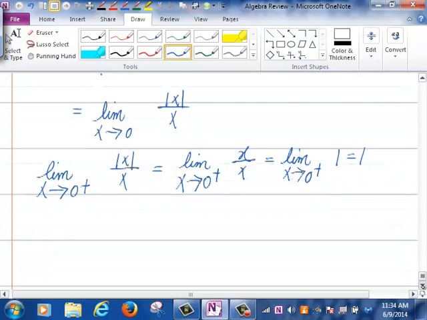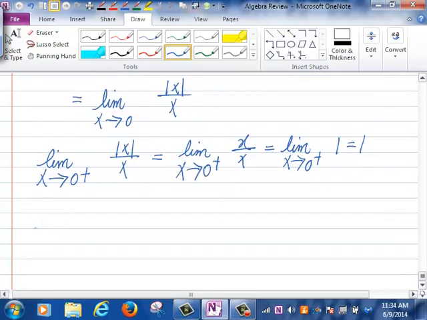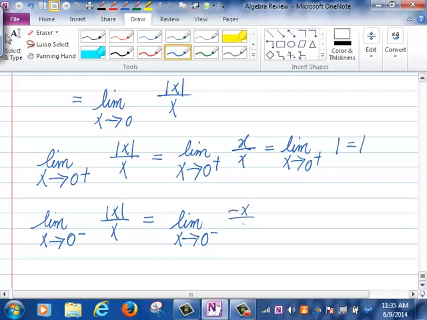And what would be the limit as x goes to 0 from the left of absolute value of x over x? This is the limit as x goes to 0 from the left of negative x divided by x, right?